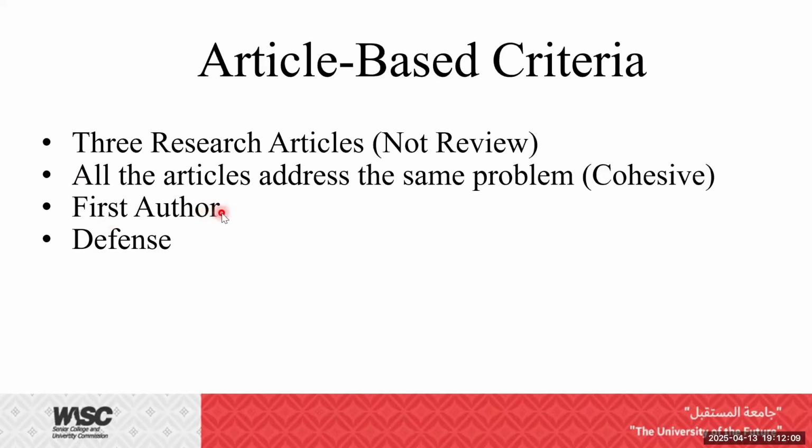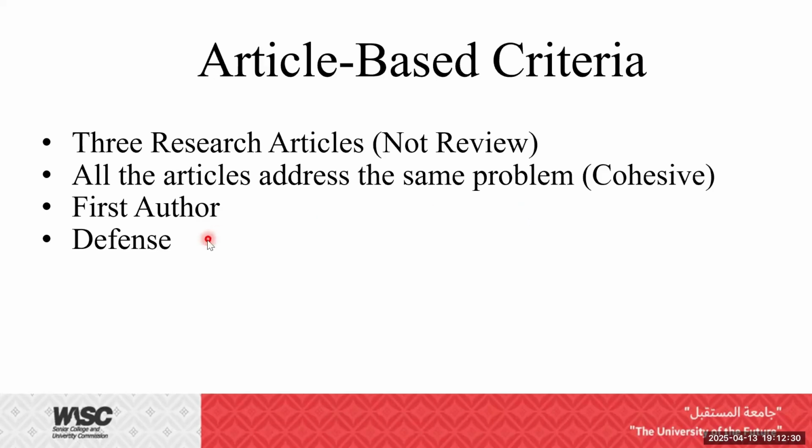And actually, the 3 articles should address the same problem. I mean, if you are concerned with a specific field, all of the 3 articles should be cohesive and address the same problem, not in different fields.